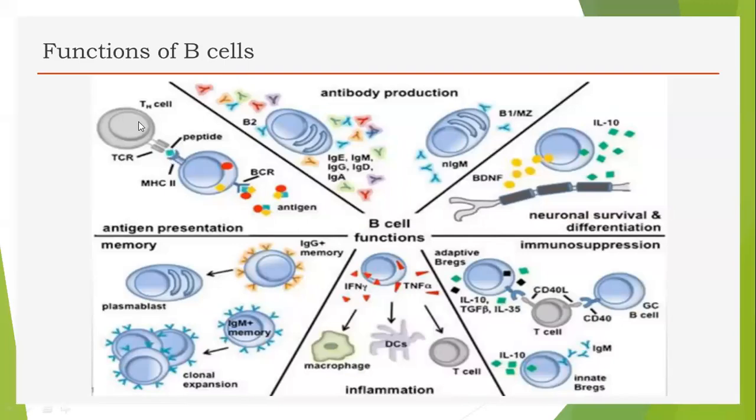And once that has happened, the second function is initiated, which is the production of antibodies. And then also we have the production of memory cells, which is responsible for immunological memory. So here we're talking about the B cell.